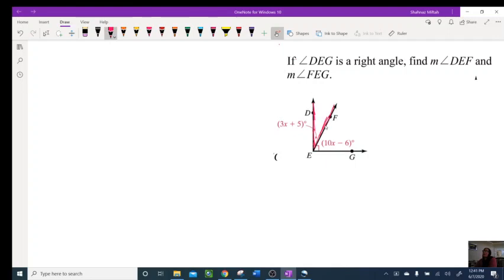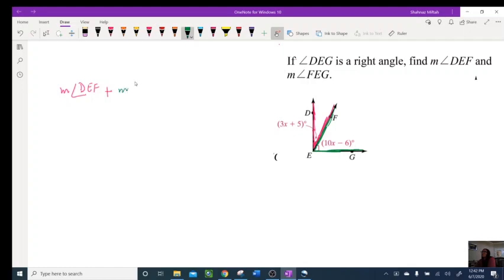DEF, right there. So the measurement of angle DEF plus, okay, let's try green, and I have green right there. They are sharing that EF, by the way.